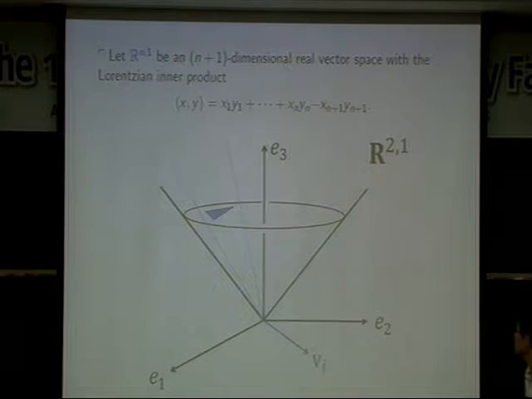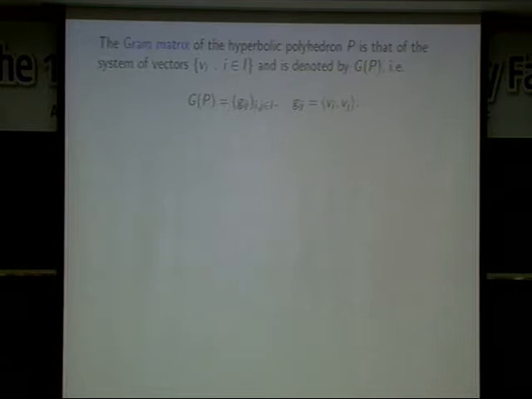In this case, we have three normal vectors with respect to the Lorentzian product. Using these unit vectors, we can get a matrix.